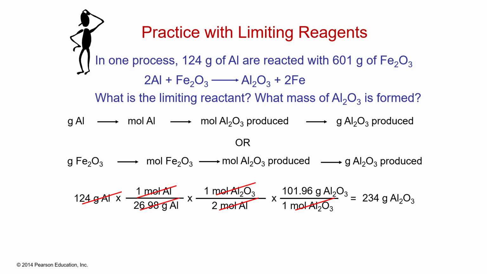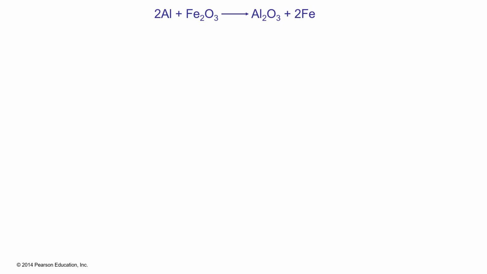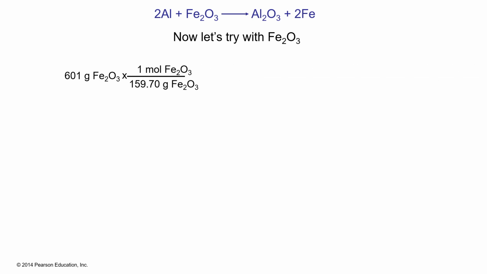All right? Okay, let's try it out now with the other reactant, with the iron 3 oxide. Start with what they give us. Let's convert that into moles using the molar mass of iron 3 oxide. This time I'm going to track the units as I go, instead of doing it all first and then canceling the units. My next step is going into the chemical equation.